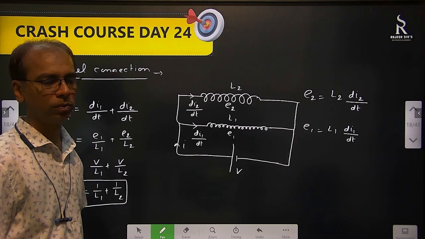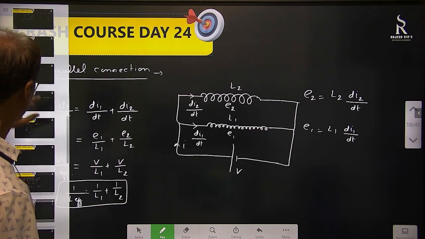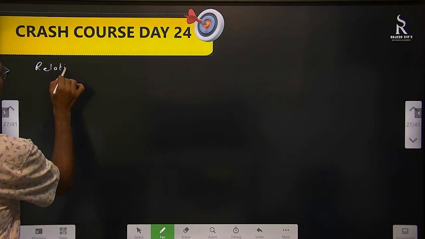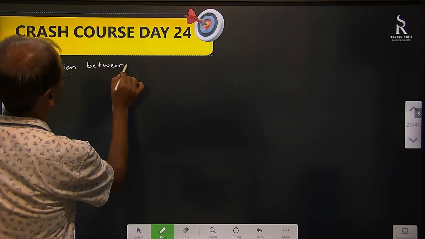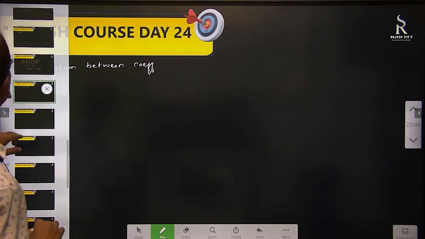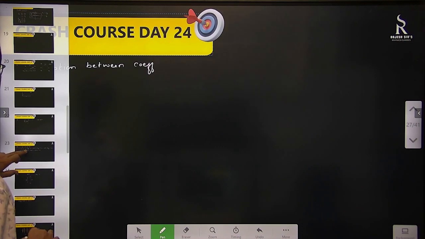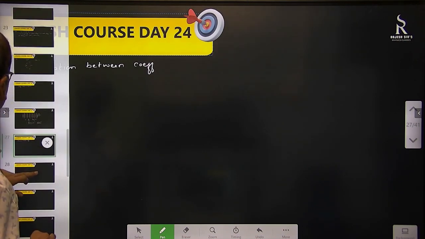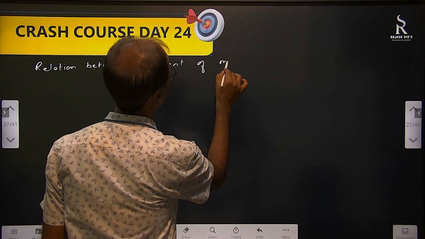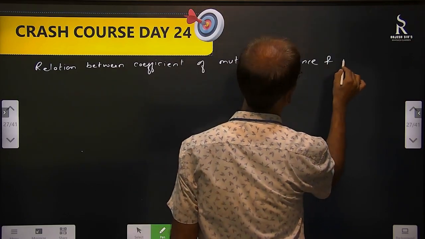There is a relation between them. Relation between coefficient of mutual inductance and self-inductance.